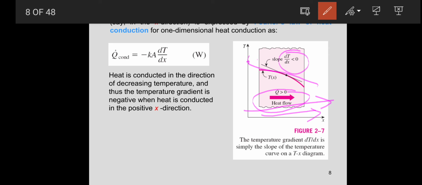This equation is called the Fourier law of heat conduction: q dot conduction is equal to minus kA dT by dx. Here k is the thermal conductivity of the medium, A is the cross sectional area, and dT by dx is the slope of this graph.